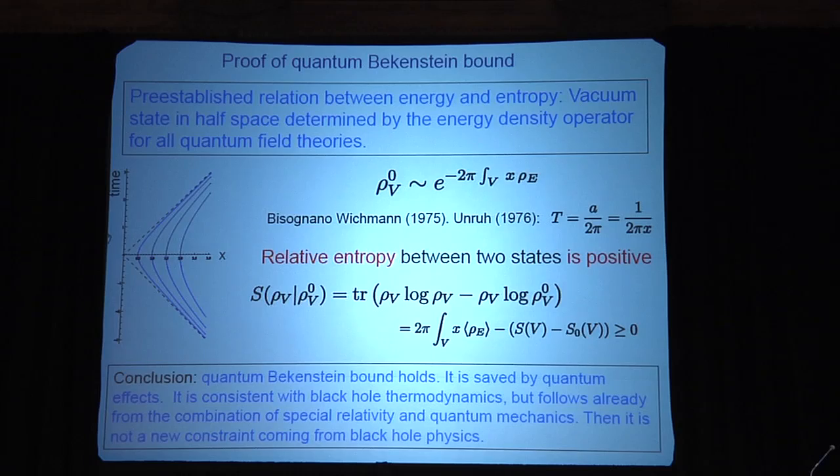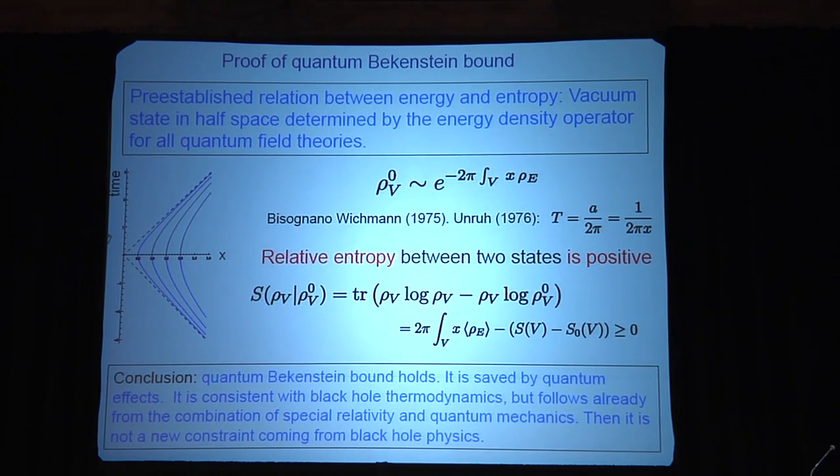So the conclusion is that the quantum Bekenstein bound holds. The original classical form of the Bekenstein bound is saved by quantum effects. It is consistent with black hole thermodynamics, with the original experiment, but it follows already from quantum field theory, that is quantum mechanics and relativity, and is not a new constraint coming from black hole physics.